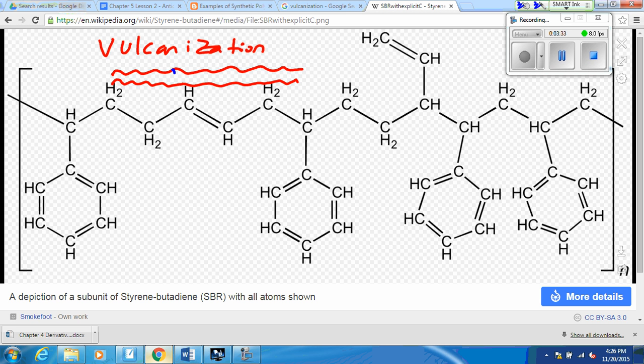And as a result, sulfur atoms start to link across like that. Usually it's 2 sulfur atoms, but sometimes it can be more. Will link across from one carbon atom in one chain down to another carbon atom in another chain. And the result is those chains now get locked together. And when they do, the whole thing gets stronger.